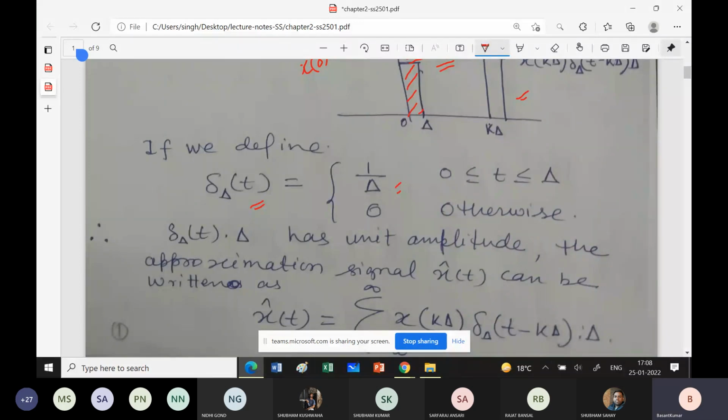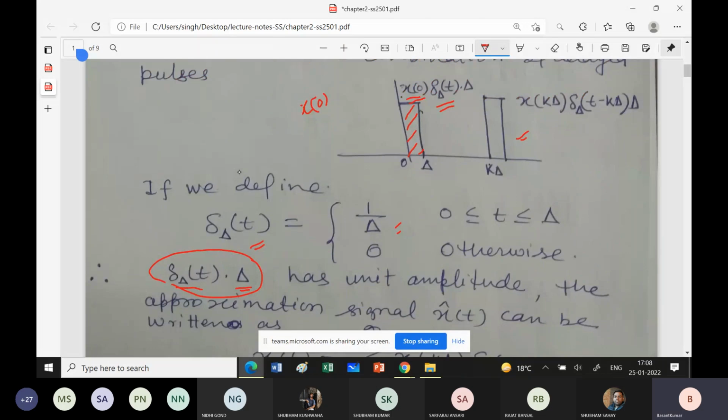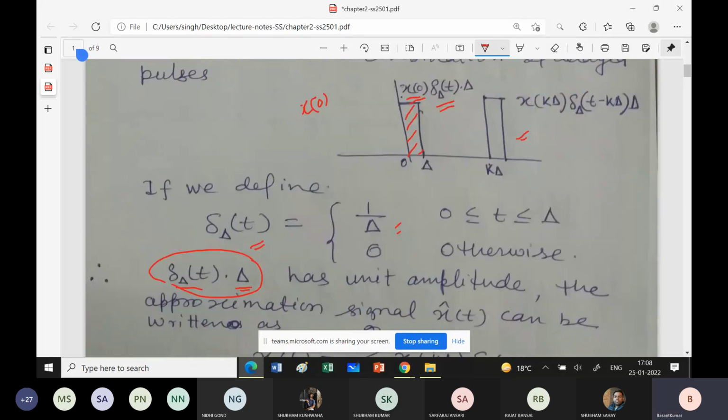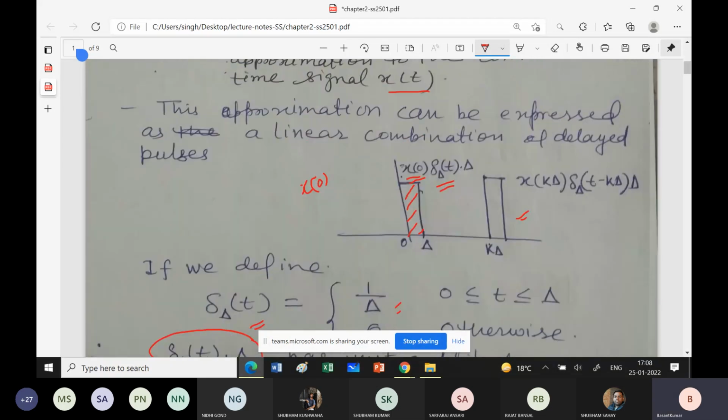And when you multiply this delta function with delta, you get a unit amplitude, this becomes unity. So this we have seen earlier while taking a theoretical definition of the impulse function. So this impulse function can be represented like this.